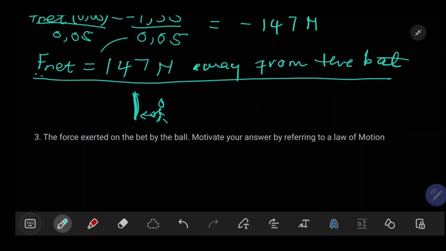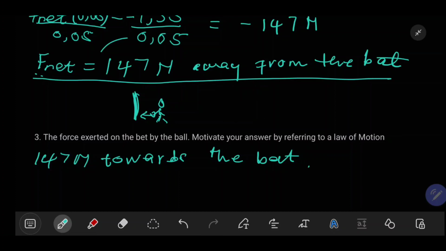So it's just a two-way thing but in the opposite direction. So the force exerted on the bat by the ball is 147 newtons, but in this case it's towards the bat, because this should be in the opposite direction to our answer.